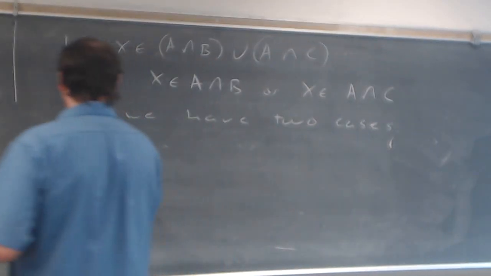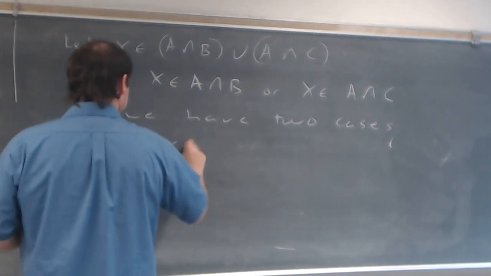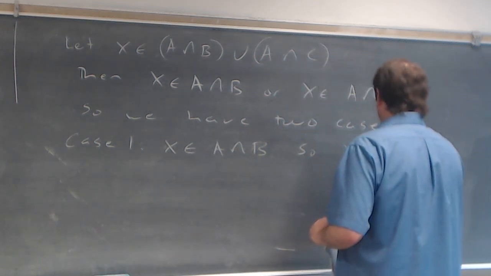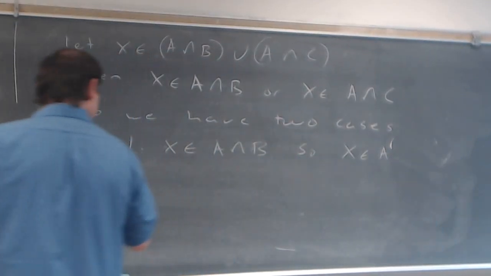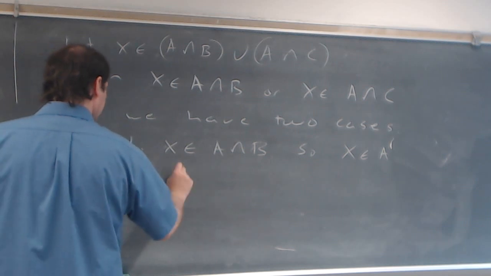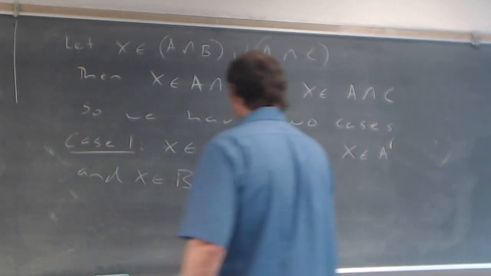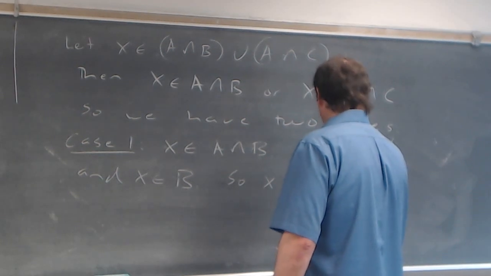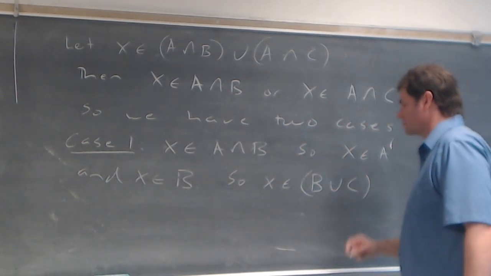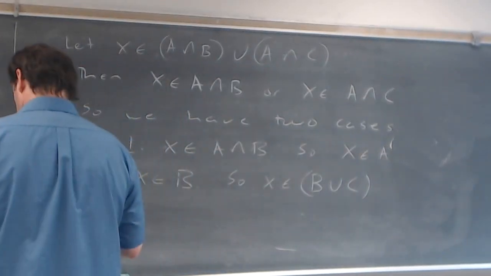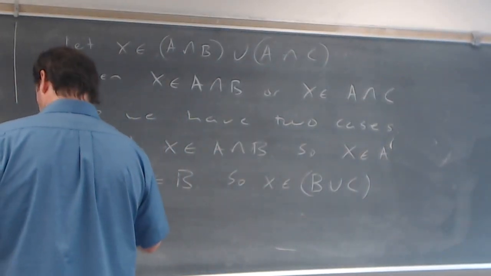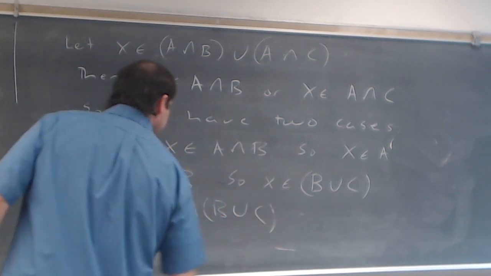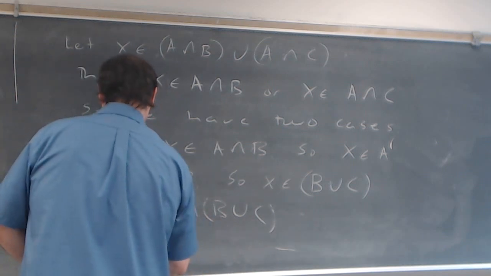Okay, so case 1 is that X is an element of A intersect B. So that means X is an element of A and X is an element of B. So, since X is an element of B, X is an element of B union C, because it's in B.